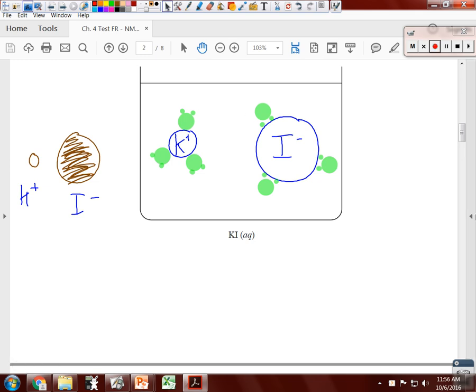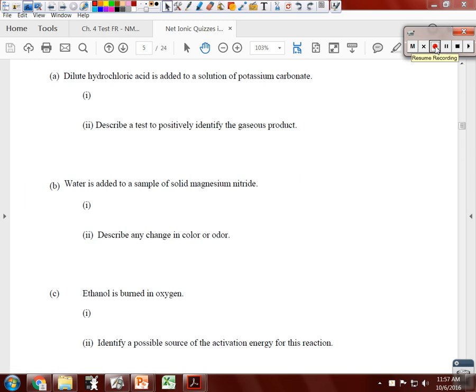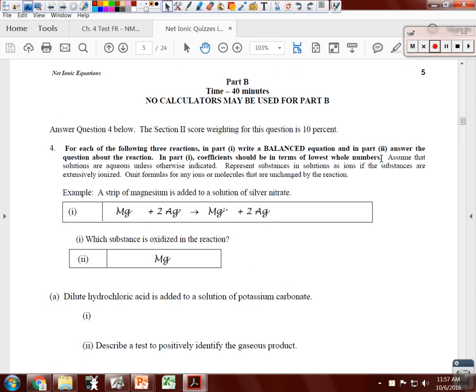Okay? All right, so we're done with this. We're finished with that right there. All right, so here's what I want to do next. This is practicing net ionics. These are your net ionics, and they're going to be a little more challenging than you've seen because it's going a little bit more in depth. Prior to the redesign 3 years ago, this was question number 4 every year.